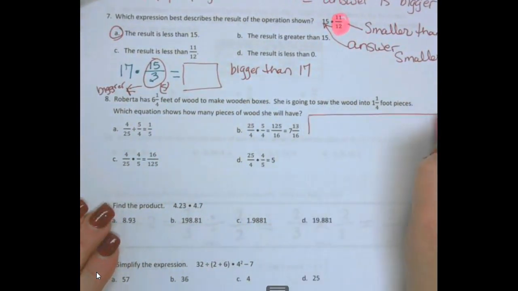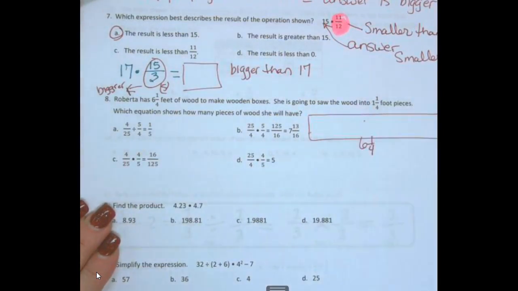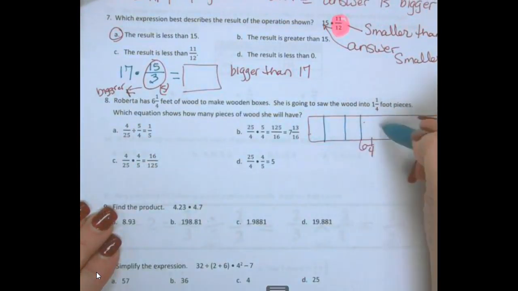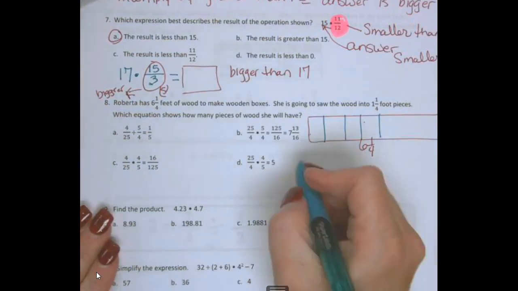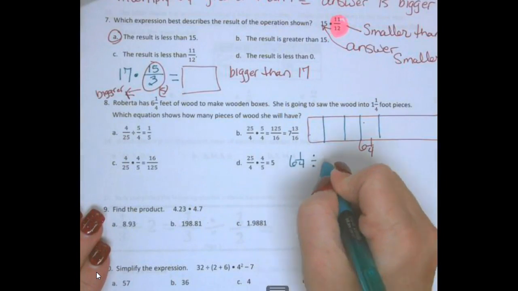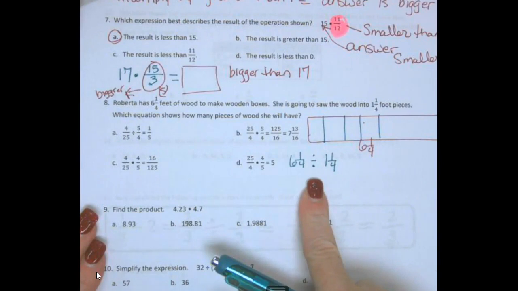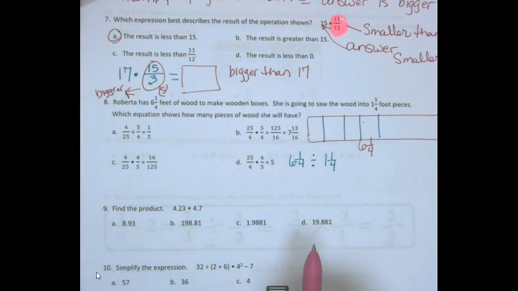If I have this wood and it is 6 1/4, and Roberta's going to cut it into pieces, right? So what are we doing there? Are we multiplying, dividing, adding, subtracting? Dividing. So 6 1/4 divided by 1 1/4. We're dividing into pieces. So let's just go ahead and try to start solving this.